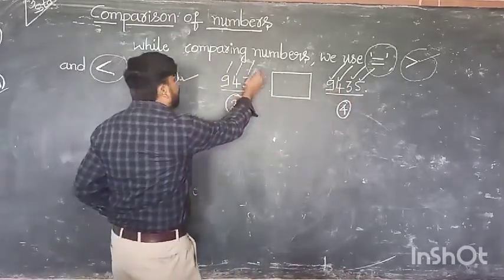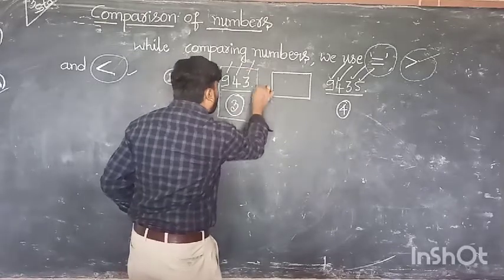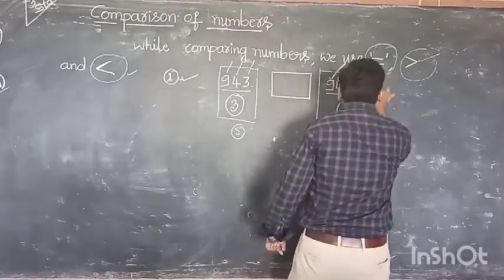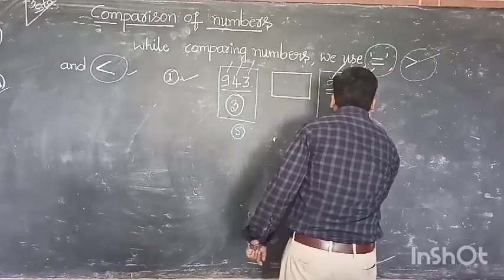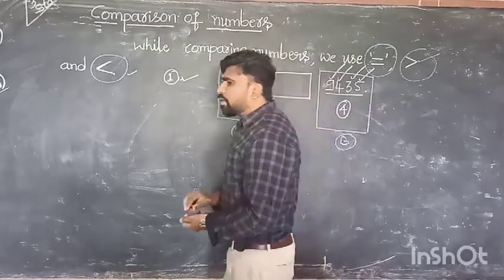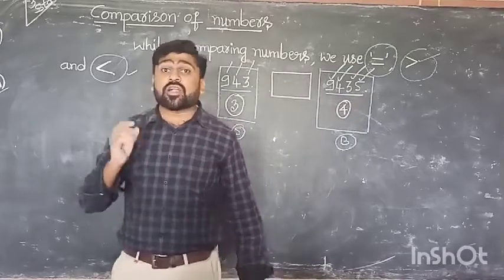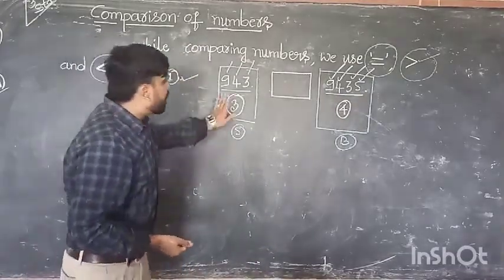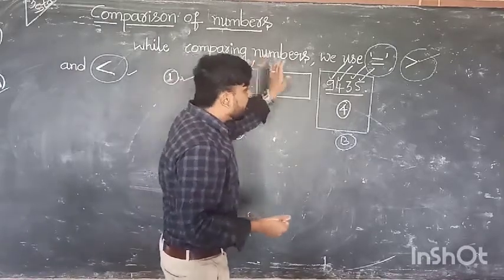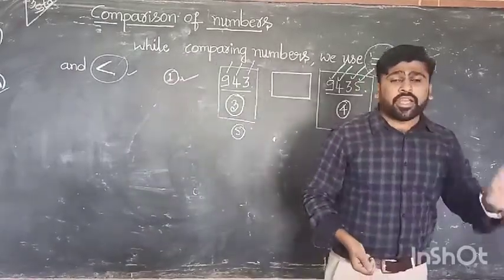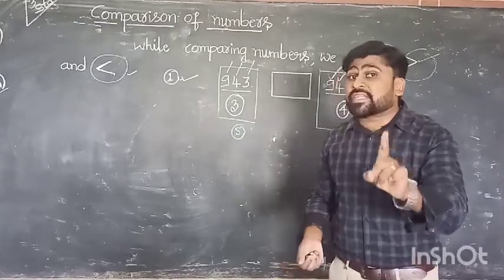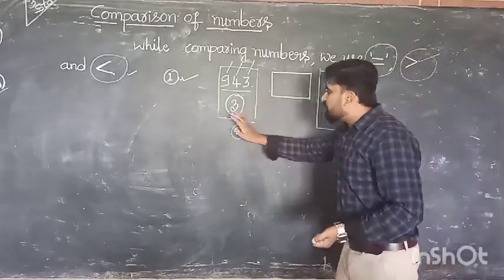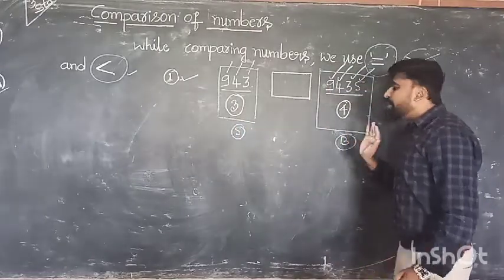That means this is the small number and this one is the big number. We come to know that by counting the digits. Therefore, this is a small number and this one is a big number.